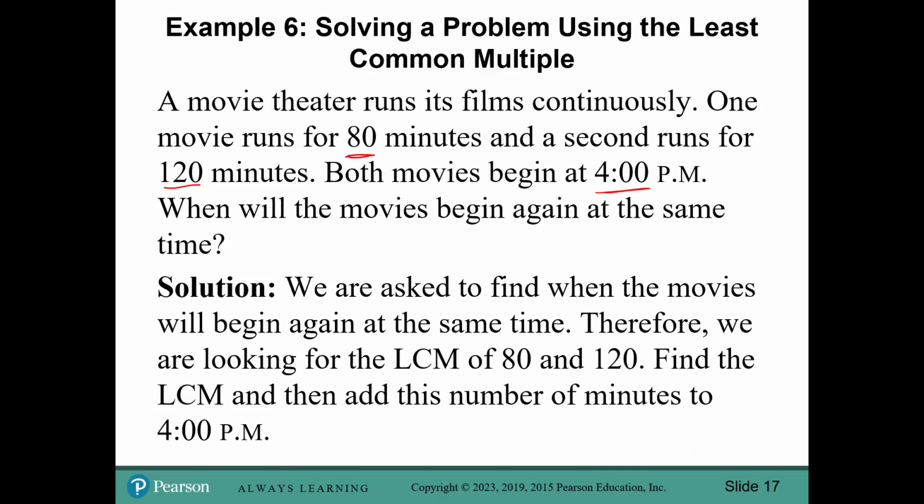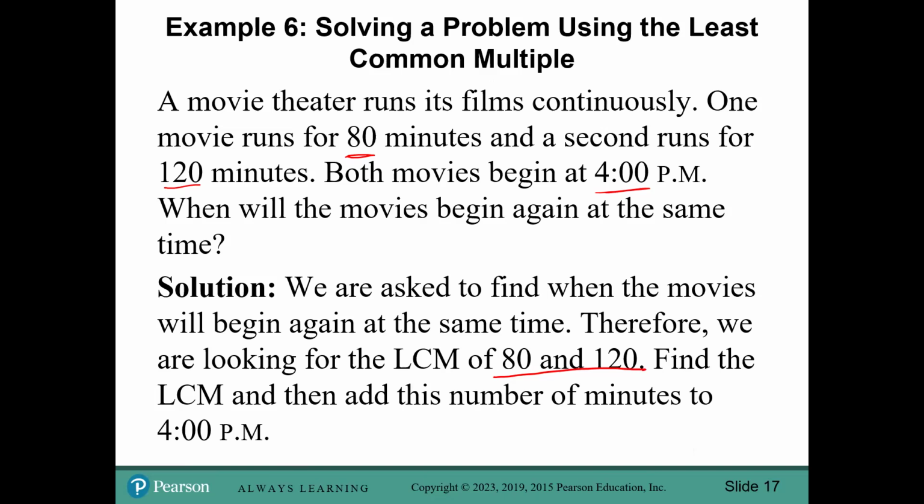Right. So what we need to figure out is how many times that 80-minute movie is going to play before it starts at the same time as the 120-minute movie, right? So we want to find the LCM of 80 and 120. So I want to find the prime factorization of both, right?